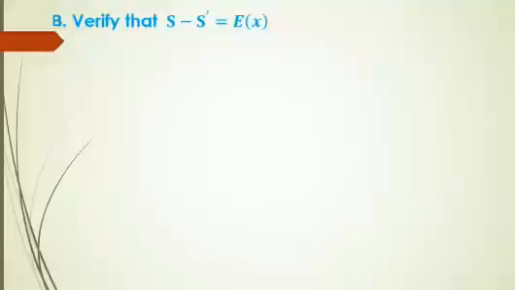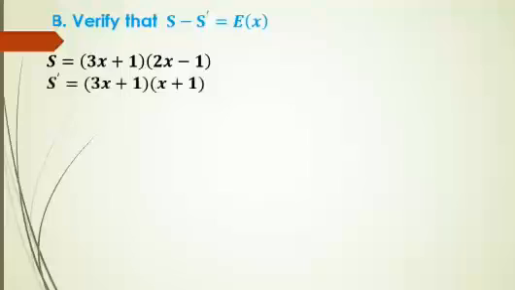Now, verify that S minus S prime is equal to e of x. Show that S minus S prime is equal to e of x. We have S is calculated as 3x plus 1 into 2x minus 1, and S prime is 3x plus 1 into x plus 1.